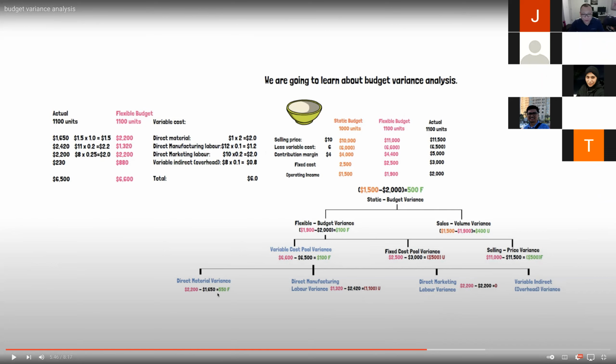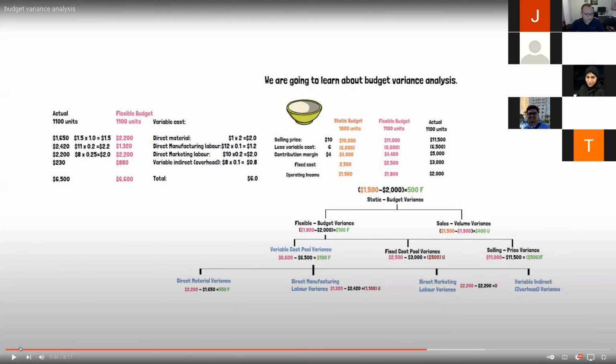So now we can further break it down. Let's take a look at the direct materials variance, okay? I want to compare 2,200 versus 1,650. Now focus only on this, 2,200 and 1,650.